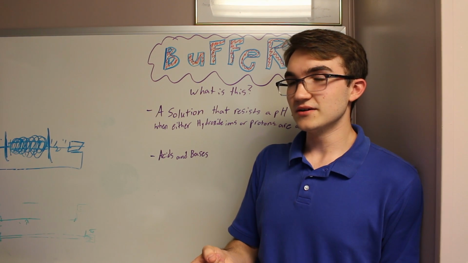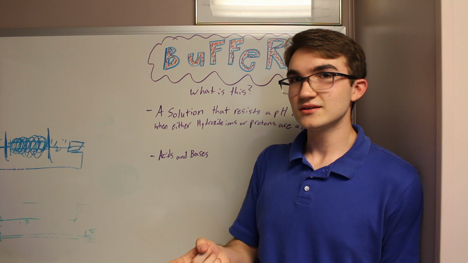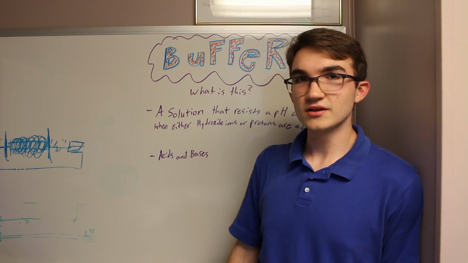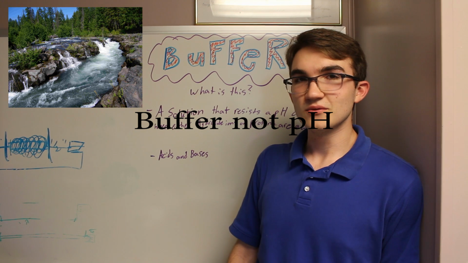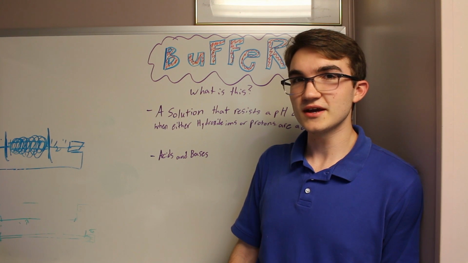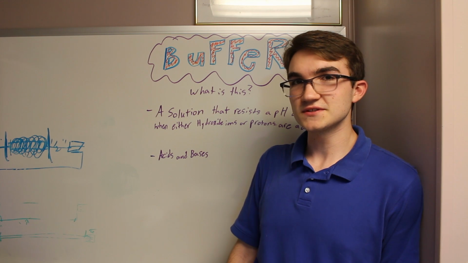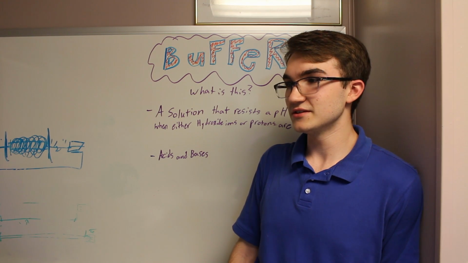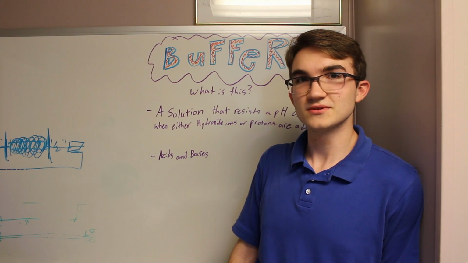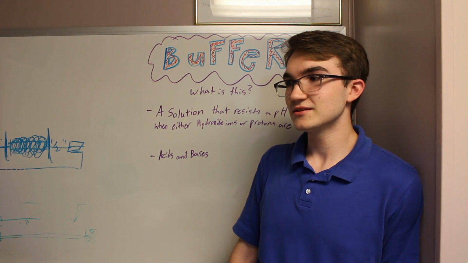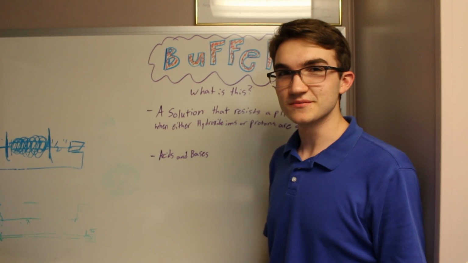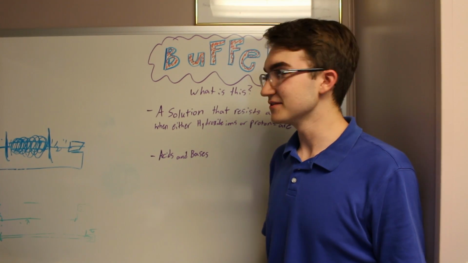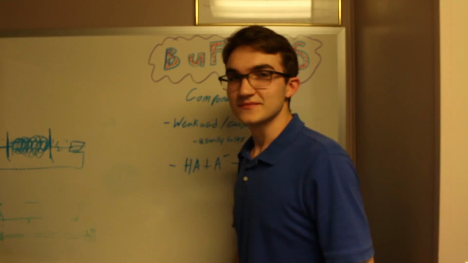And also, water in rivers and lakes and oceans commonly has a buffered pH, because if the water does not maintain a certain pH, the fish will die from its acidity or basicity. I don't know what the word for that is. Basicness. So yeah, buffered solutions keep a solution in a certain pH range is the final way to say it.